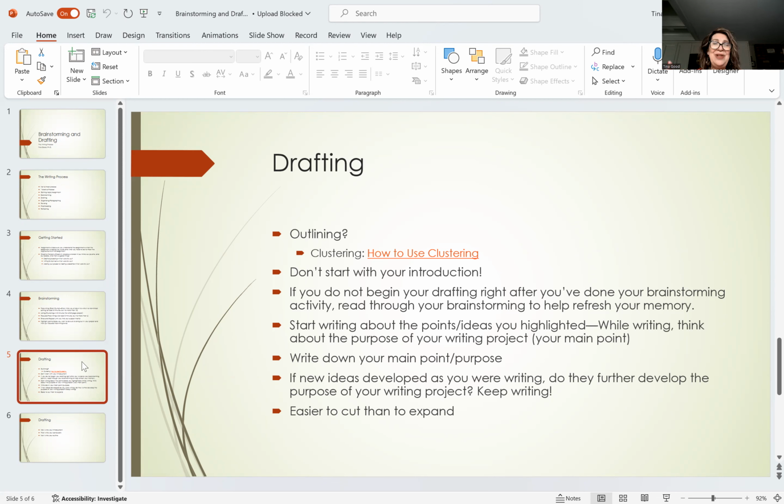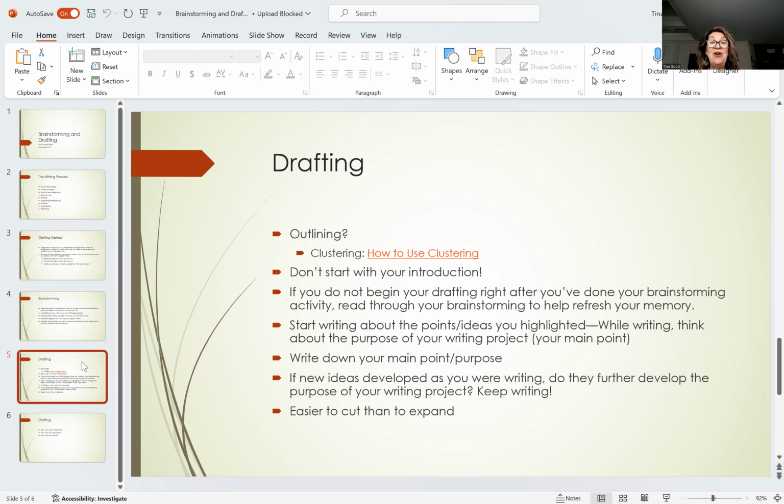And so that's why, don't be too rigid about that main point until you get to the end of your draft, because as you're writing, you might still be coming up with more ideas and your purpose might shift slightly, right? Your point might shift slightly. Okay. But do try to keep writing down sort of drafts of your purpose as you're continuing to write the points that you want to bring up in your paper.